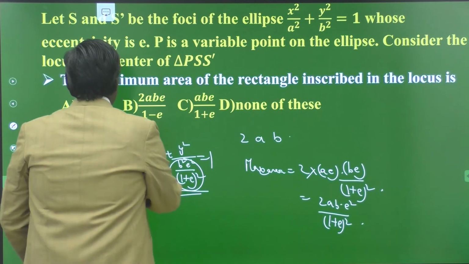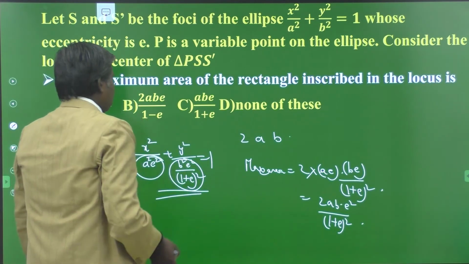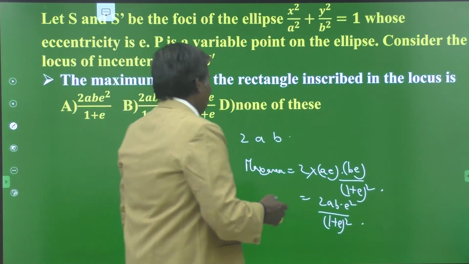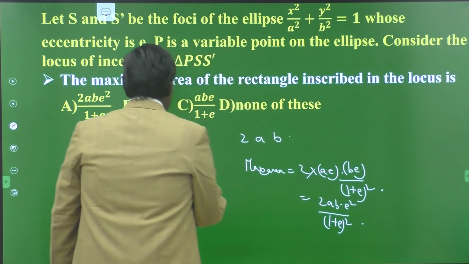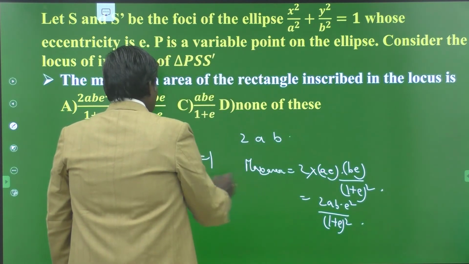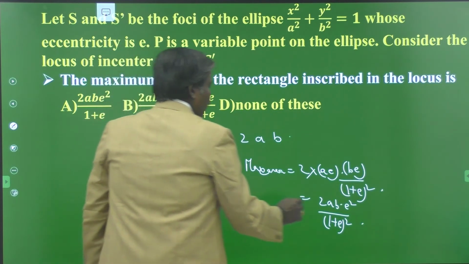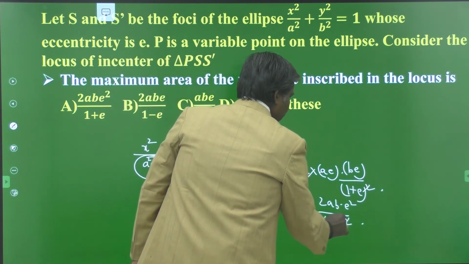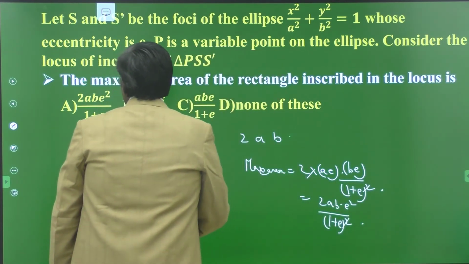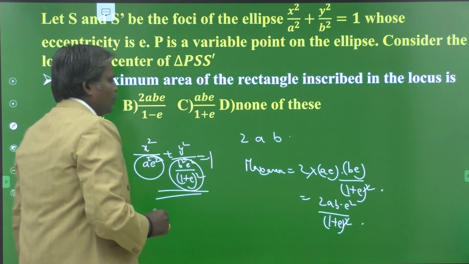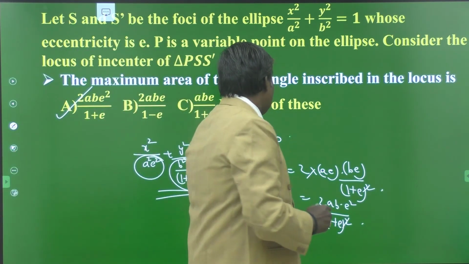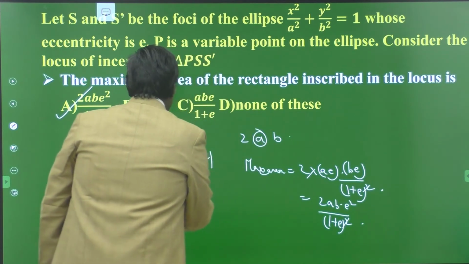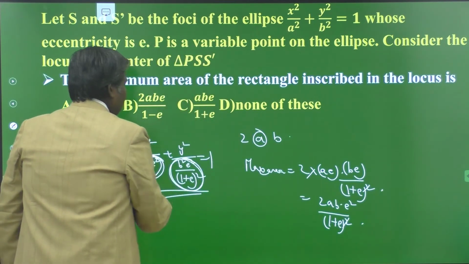If the whole square is there, that is the B. 2AB, where A means AE and B means BE by just 1 plus e. Not square is there. So 2AB e square by 1 plus e. A means here the root of this value, B means the root of the value.